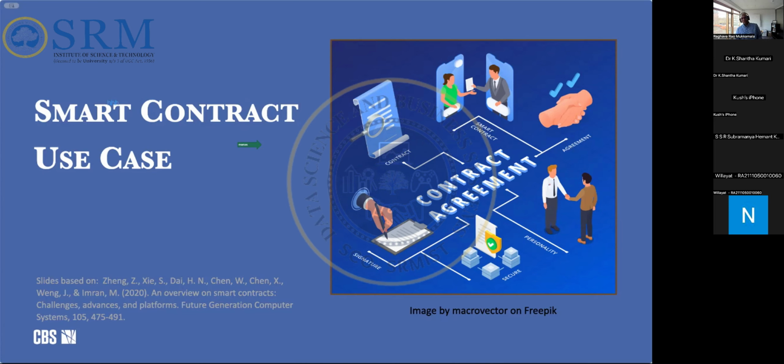So basically, trying to build a company over decentralized principles is the idea of a DAO. We will discuss that next week.